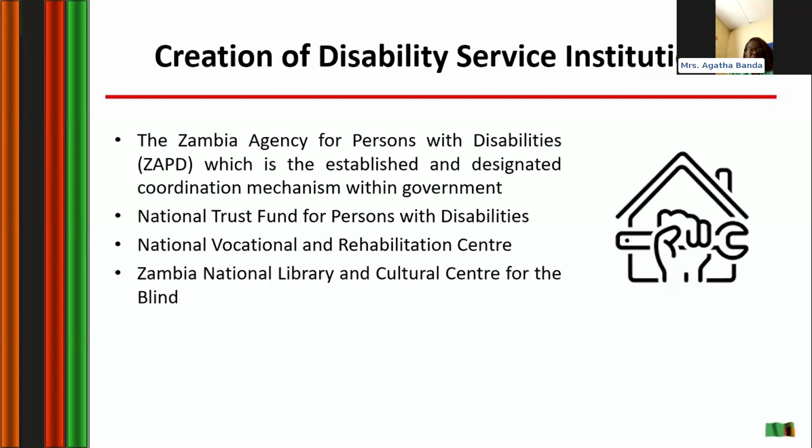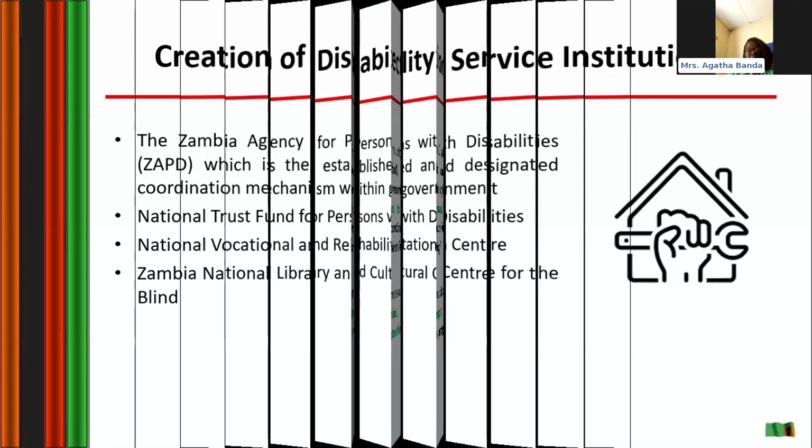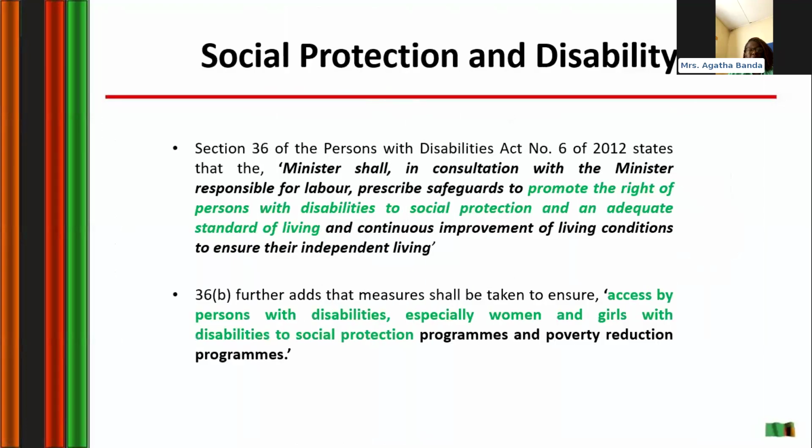So there's a deliberate effort to take the issues concerning women and girls with disabilities to center stage. Then the biggest social protection cash assistance program in Zambia is known as the Social Cash Transfer Program. It's administered by the Ministry of Community Development and Social Services.